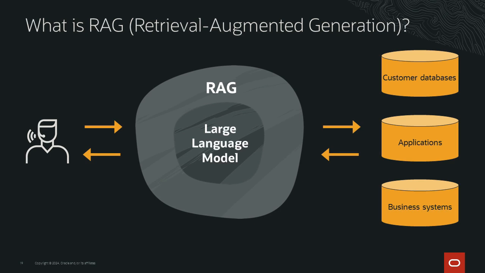So the way retrieval augmented generation works is you have your user here on the left-hand side, and you have your existing data sources. These can be your own customer databases, ERP, supply chain, HR applications, really any business system, whether the data is structured or unstructured, PDF, manuals, etc. And essentially what RAG does is it takes all this data and surrounds this large language model with all this information that you would incorporate on a regular basis.